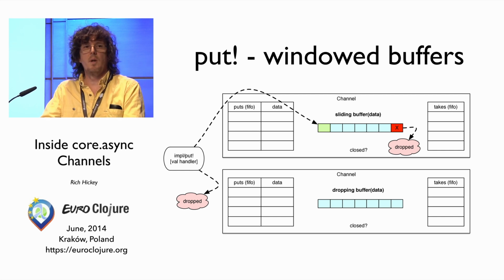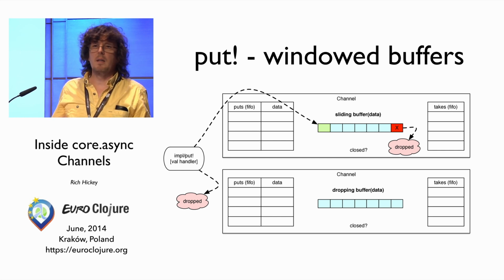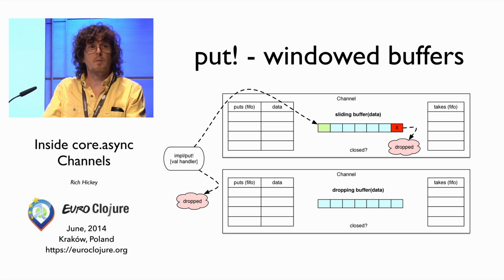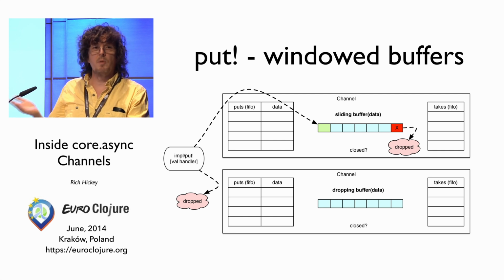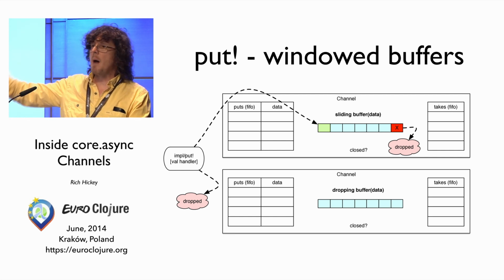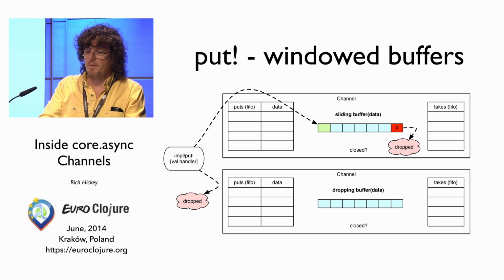The other is just to use one of these window buffers, which say, I know what I should do. If I can't keep up, I only want the latest information. And that's the first case, the sliding buffer, that says latest information takes priority. If you come in with some new data, we're going to drop the first thing in the sliding window. So the first thing in the buffer gets dropped.